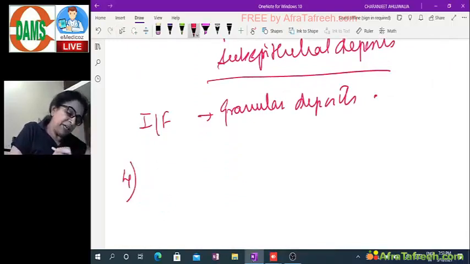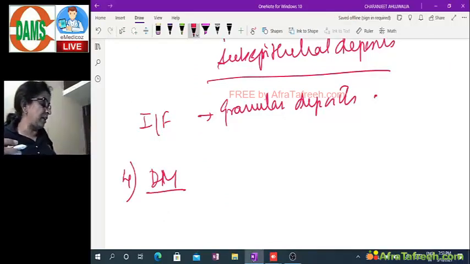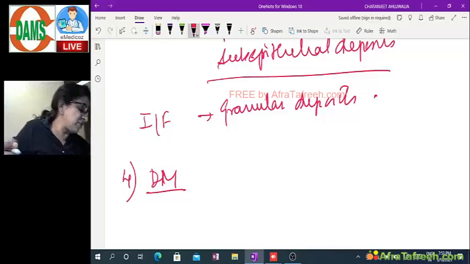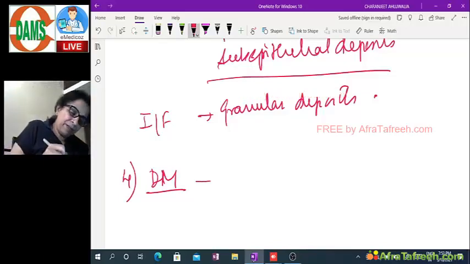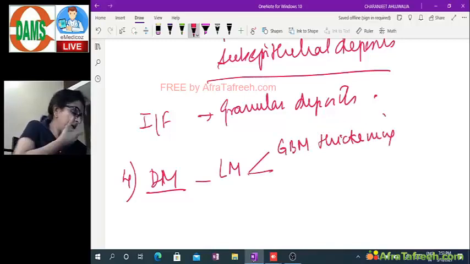Fourth very important entity that causes nephrotic syndrome is diabetes mellitus. Now, in diabetes you have to remember two to three things. Diabetes can cause a number of changes in the kidney. Number one, by light microscopy, what do you see? Just GBM thickening. Diabetes can cause GBM thickening. Second, diabetes can cause mesangial expansion.